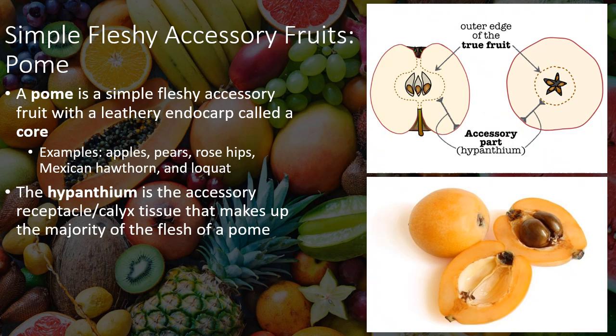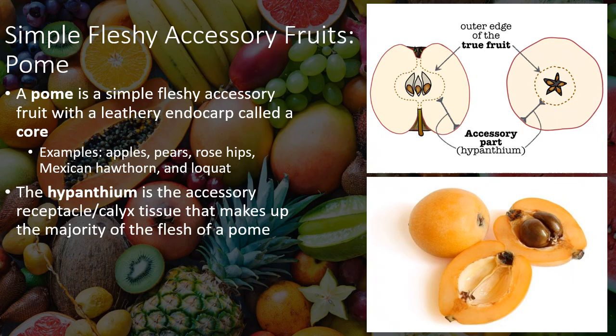One of the most common types of fleshy accessory fruits that we're going to see are pomes. So an apple is a great example of a pome. And when we talked about plants that have an inferior ovary, a lot of them we would classify as pomes. Not all of them, but many of them. So when we look at the apple, in this top picture, the dotted lines that run through the apple are showing the boundaries of the actual pericarp, the actual endocarp, mesocarp, exocarp layers of the apple.